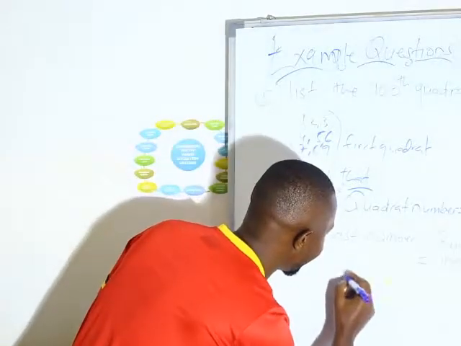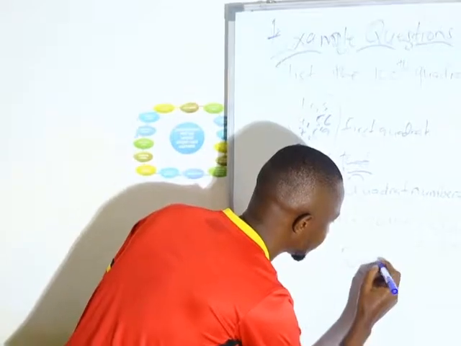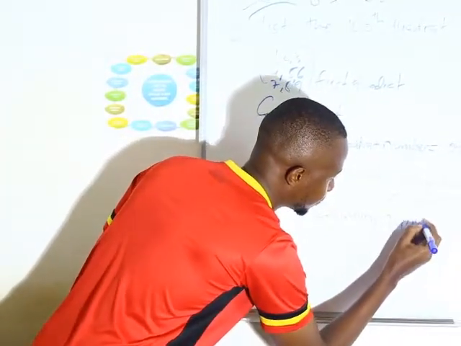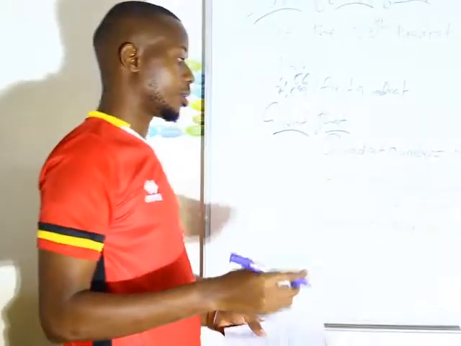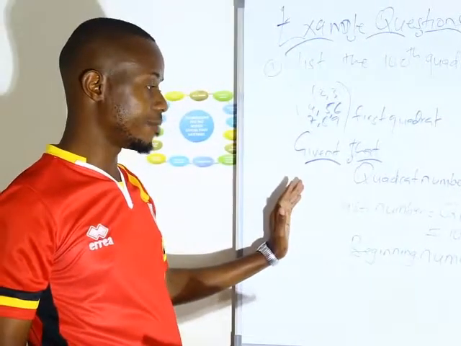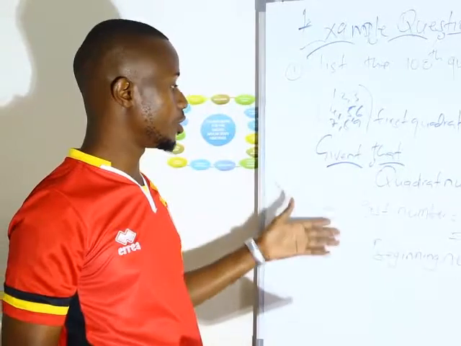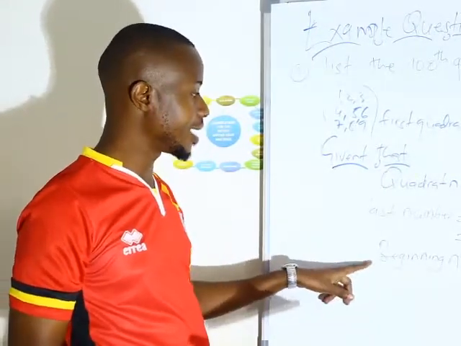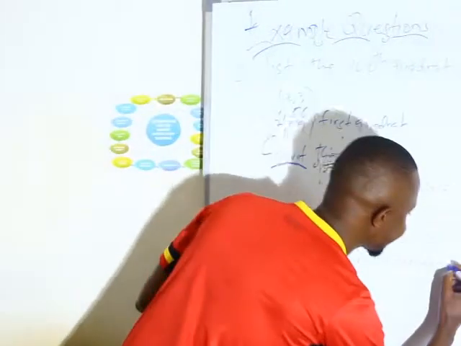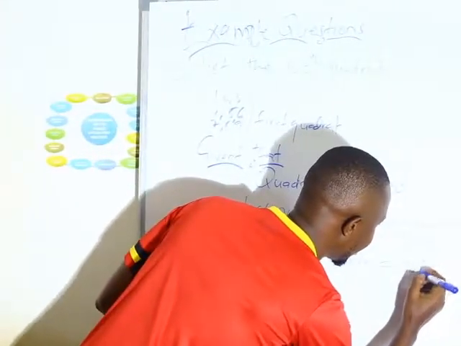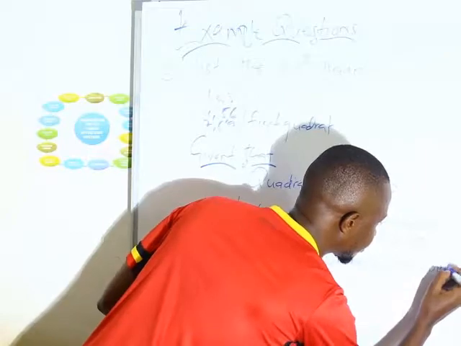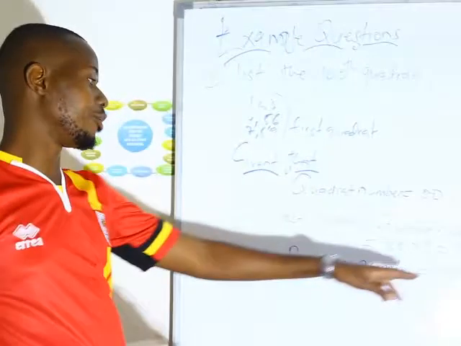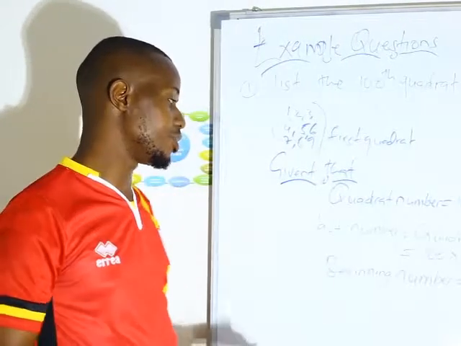So we find our beginning number. These formulas, we have listed them before, so when you don't know them, you recall back to the video and you get the formulas. Beginning number equals last number minus 8. Already we've got our last number, which is 900.